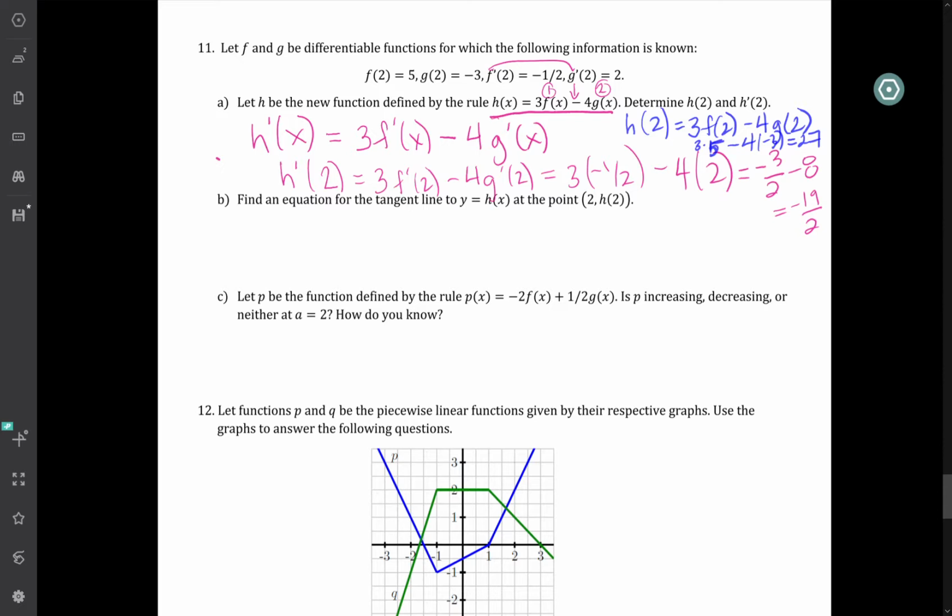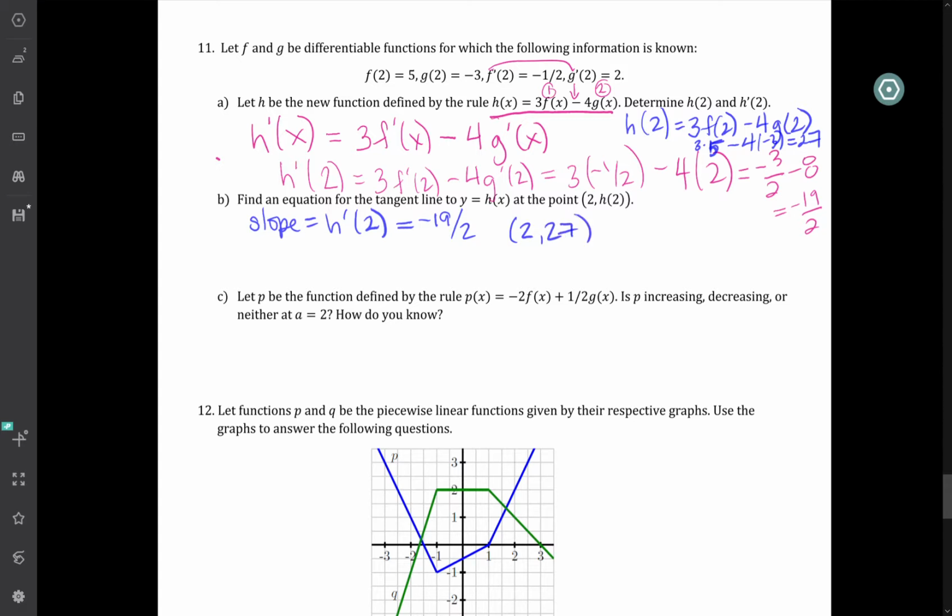Okay, for part B, we want the equation of the tangent line at the point 2, h of 2. To find the equation for a tangent line, we need the slope, and the slope comes from the derivative. So we need the derivative evaluated at 2, which we just did, and it's negative 19 over 2. And then we also need a point. We did that as well. That was the h of 2 part, so we know it goes through (2, 27).